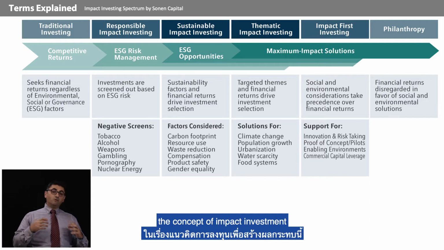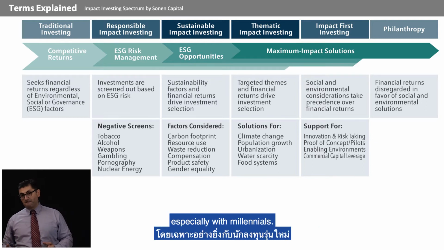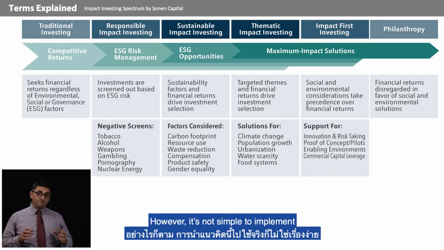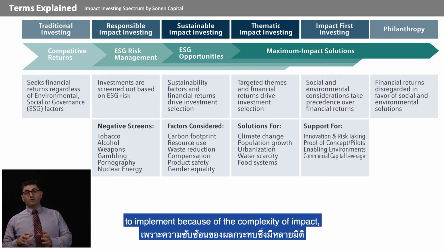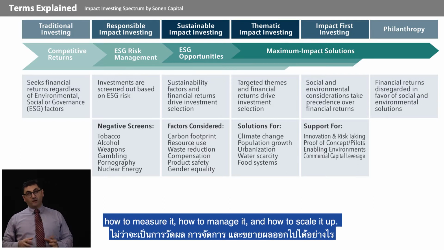The concept of impact investment is becoming more and more popular with investors, especially with millennials. However, it's not simple to implement because of the complexity of impact, the complexity of understanding what impact is, and how to measure it, manage it, and scale it up.